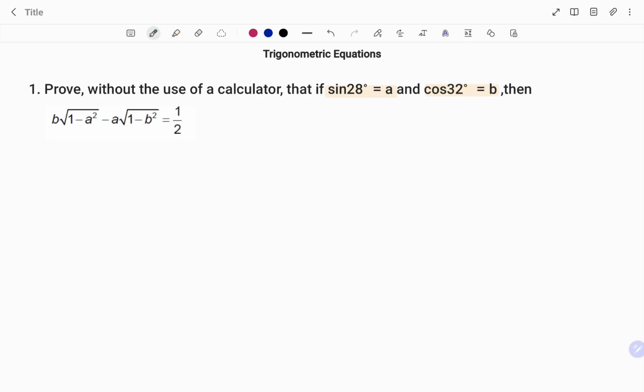Putting that back in, I have B, which is cos 32 degrees, root of, I'm going to be proving my left-hand side.